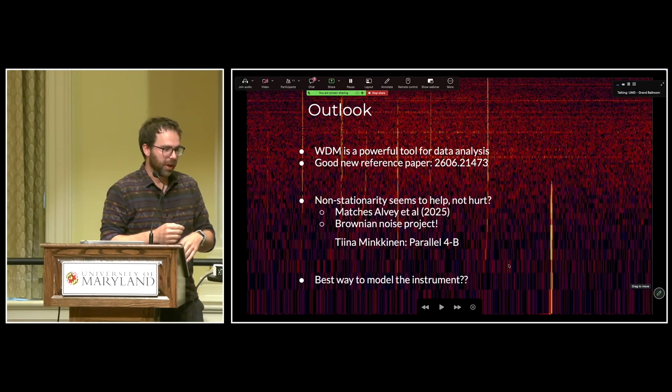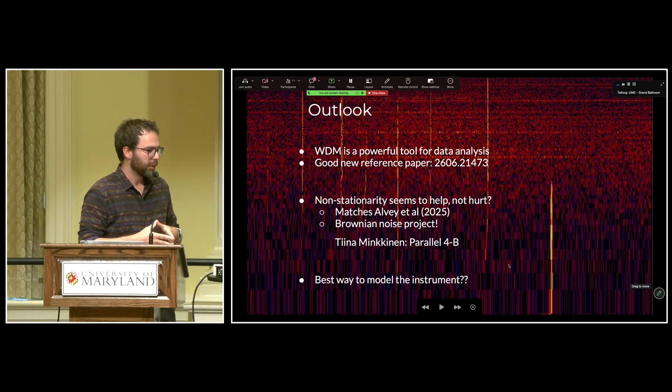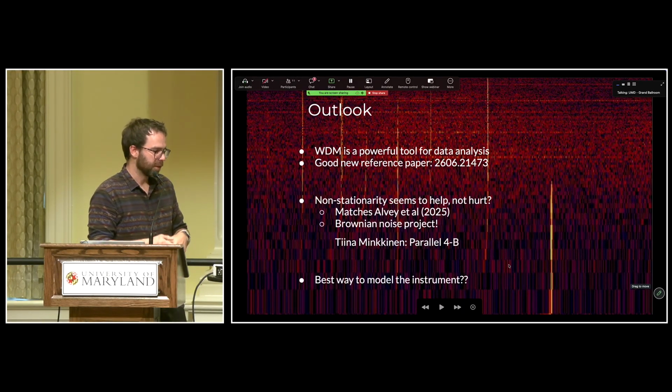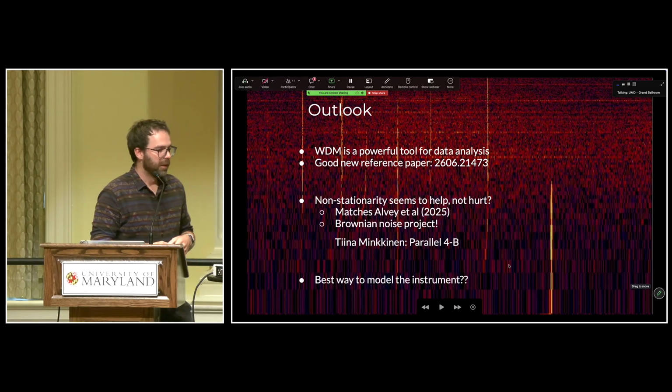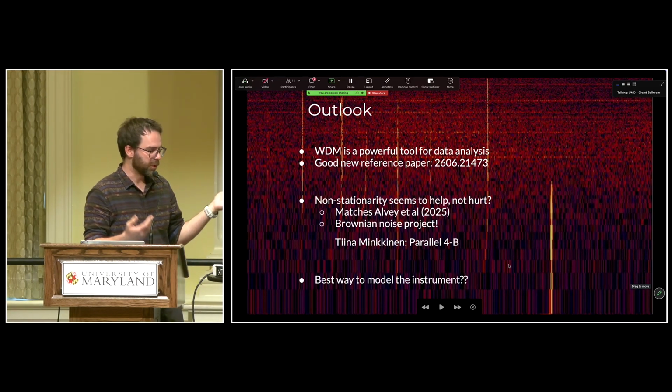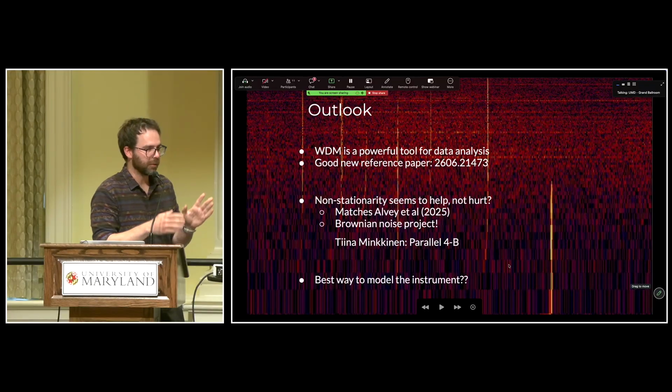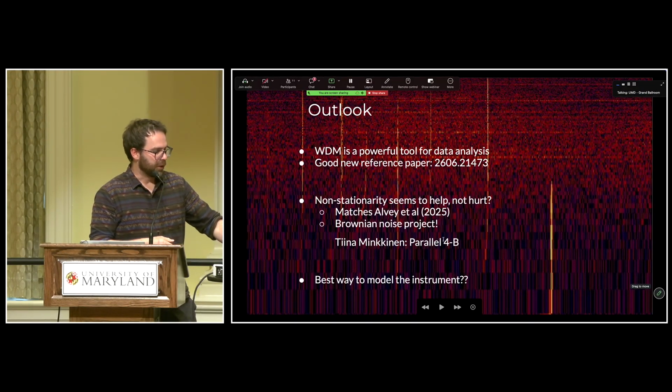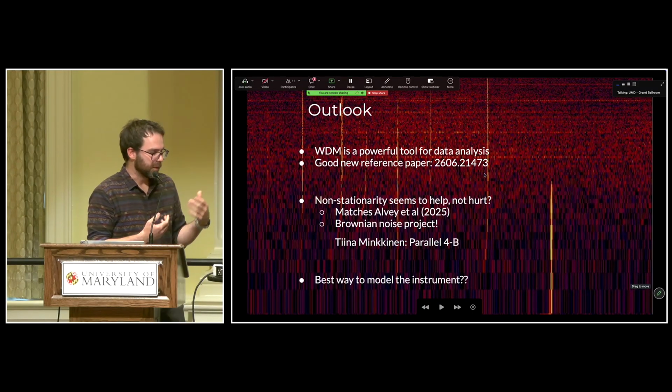That's pretty much all I had to show you guys at the moment. Hopefully we'll be writing up some of this analysis soon. So WDM in general is a really great way to model non-stationarity. If you're interested, I recommend one of these recent reference papers that came out.